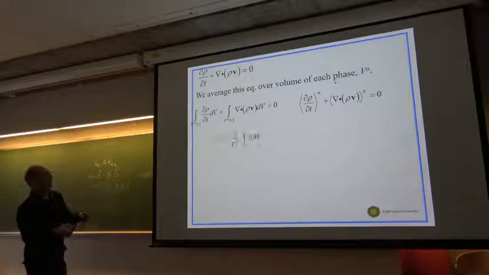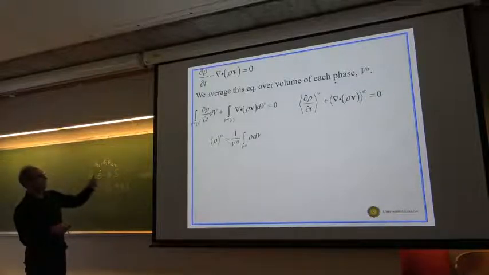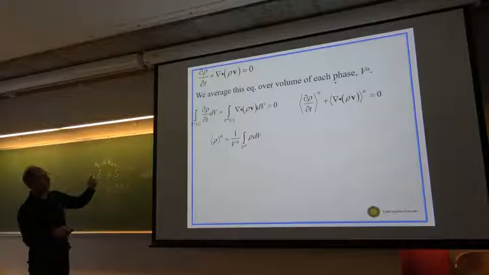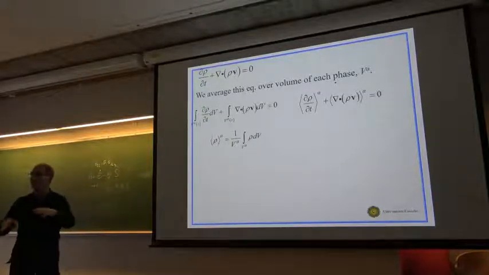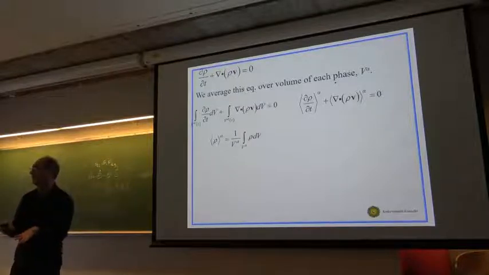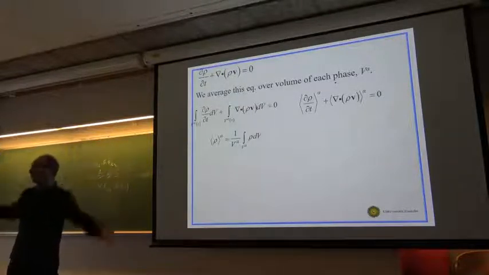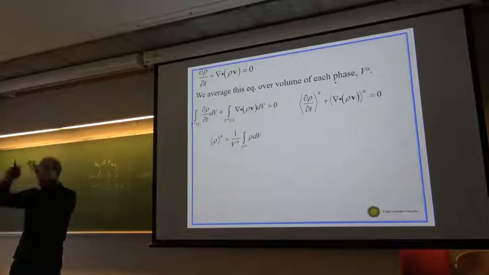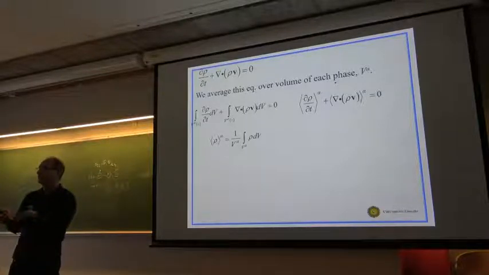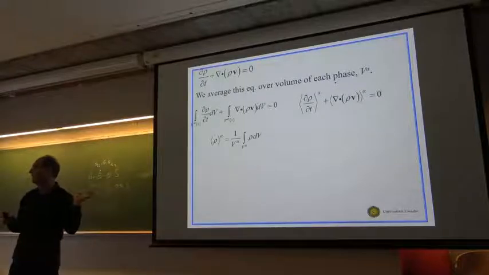Now, I define average mass density to be the sum of all masses within that volume V alpha. By the way, this V alpha is my representative elementary volume. It is not the whole porous medium. Remember that block definition of psi, that's what I'm doing here.